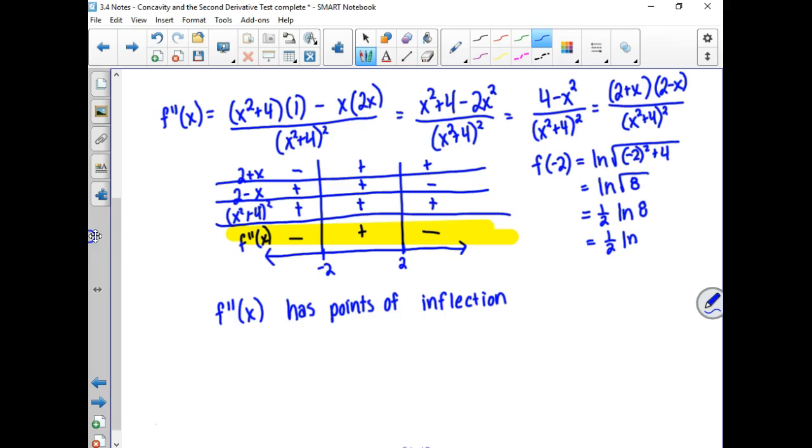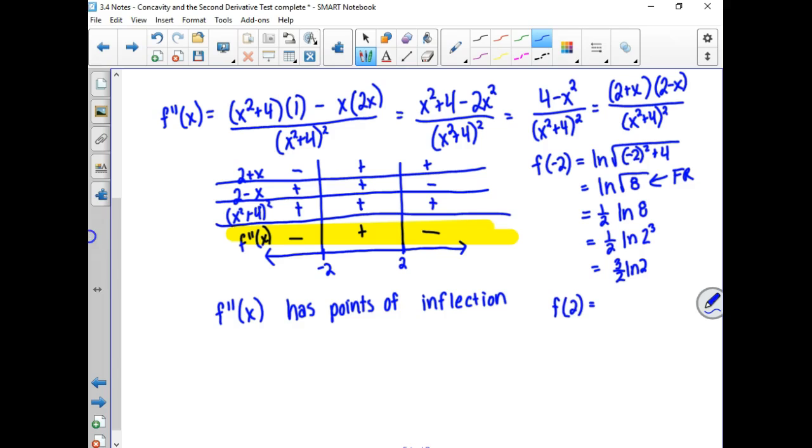Can we write that using a power? 2 to the third. So then what could we do? Move the 3 off front to 3 halves natural log of 2. If it's free response, don't do that. Leave it right here for free response. But if it's multiple choice, sometimes they do crazy things like that, and you don't know how they possibly got that answer, but that's what you would do here.